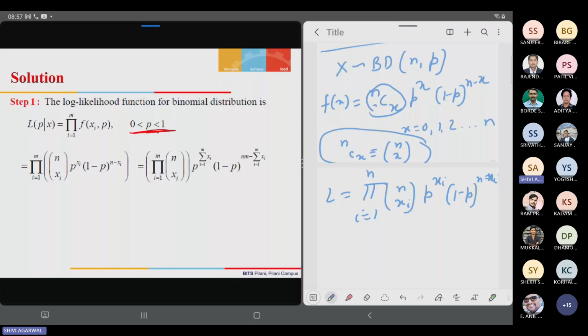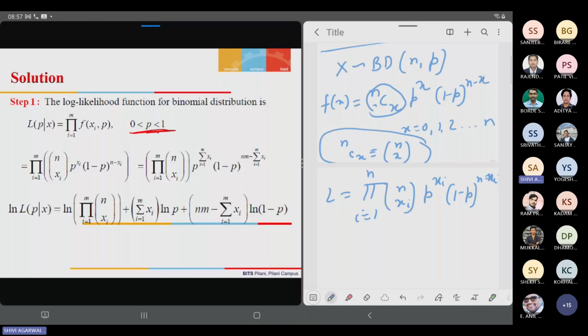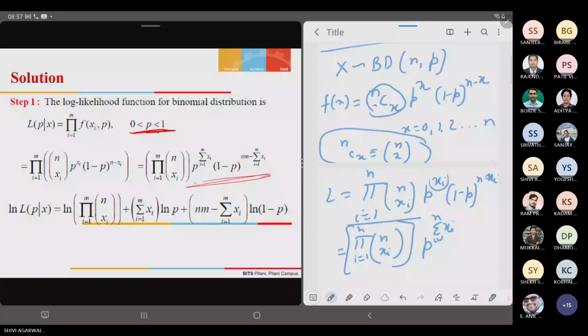Now we are taking the logarithm of it. Firstly simplify and then take the logarithm. So we simplify it. The first term is the product of i is equal to 1 to m of nCxi. Okay, this is the first product. Now p to the power summation of xi, because xi is in the power.